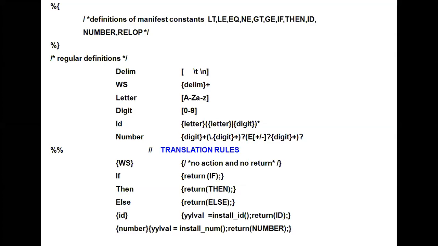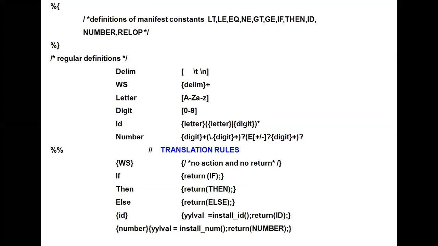If we encounter any comments, we should ignore them in a lexical analyzer. So no action is to be performed while reading white space or comments. In a lexical analyzer, white spaces and comments should be ignored, right?